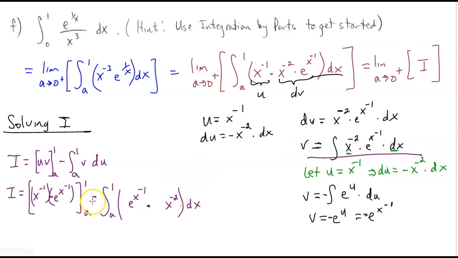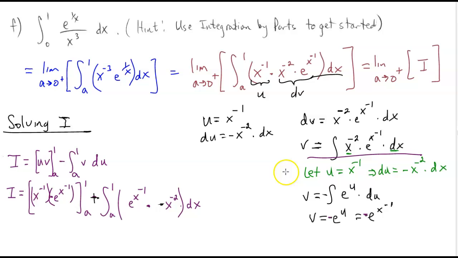And here, from what we saw below, when we did the substitution, we saw that we had this negative pop up here. So what I'm going to do to make life easier is let's go ahead and make this a plus and bring the minus in here.